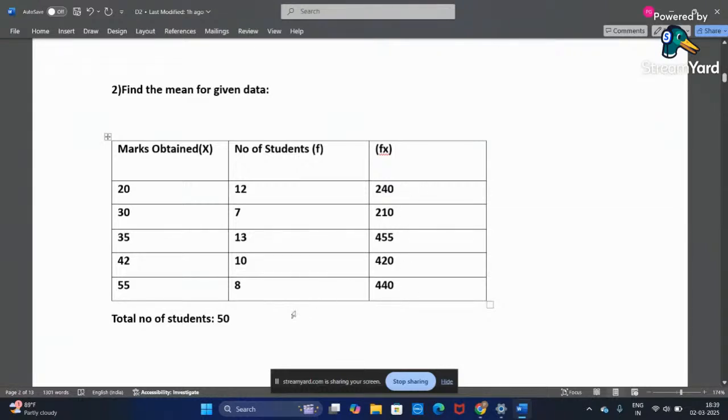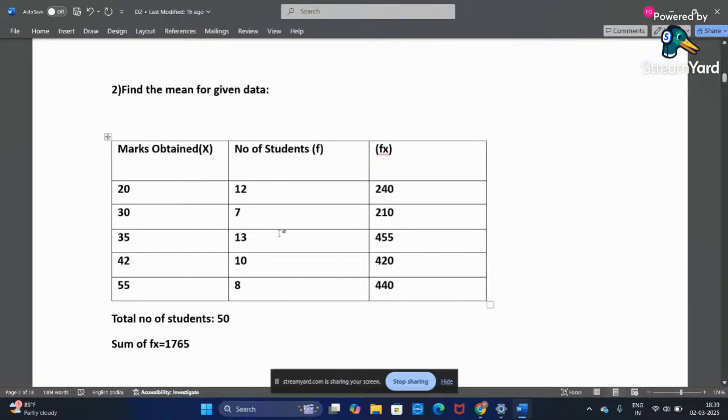Add these numbers and divide by the total number of students. Add these numbers and tell me. By adding all these five numbers, we get the fx value. Sum of fx is 1765.